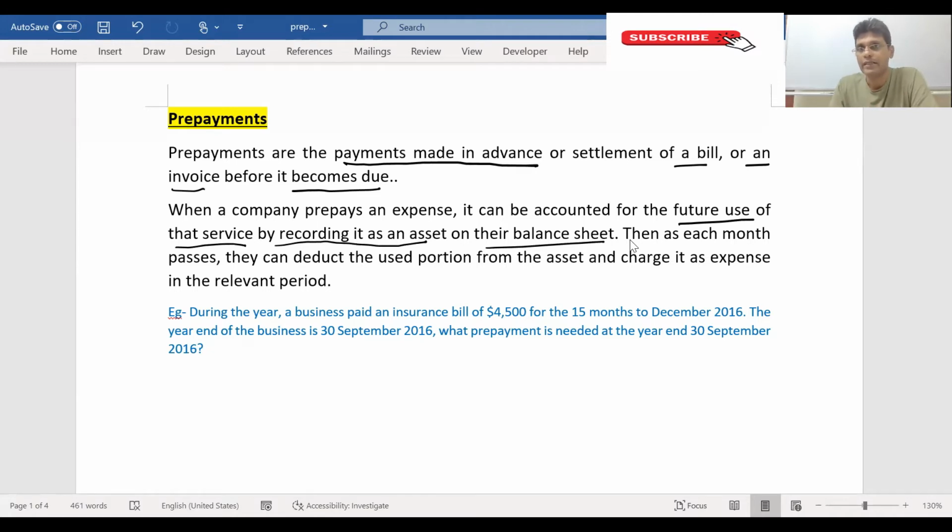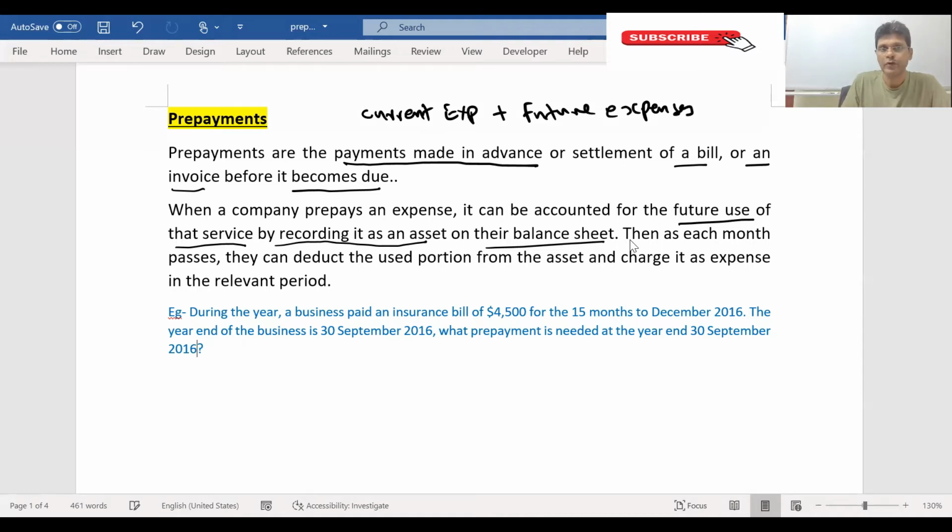Now, as I discussed in accruals, whether you paid or not, all the expenses relating to that particular period have to be accounted for. However, in this case, since the payment belongs to a future period, prepayment means you are paying the current expenses as well as future expenses.